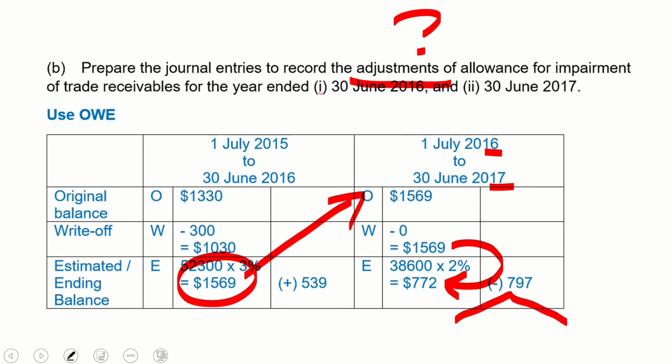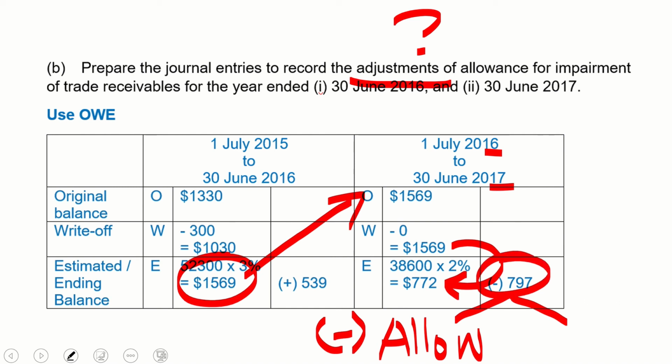That means that you have to record allowance reduced, because you don't need so much allowance, by 797. And you will also record impairment loss reduced by 797.